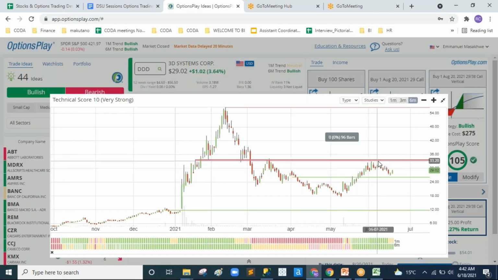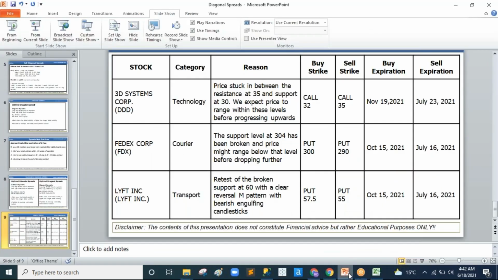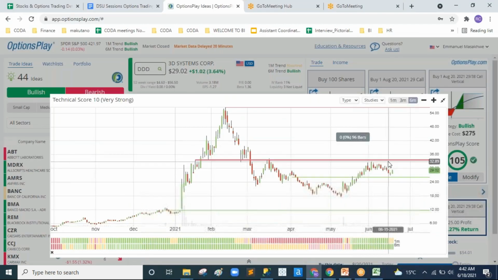You can see this resistance region, and there are some small shifts, but 30 to 35, yes, exactly 30, around this price level where you have the red line.